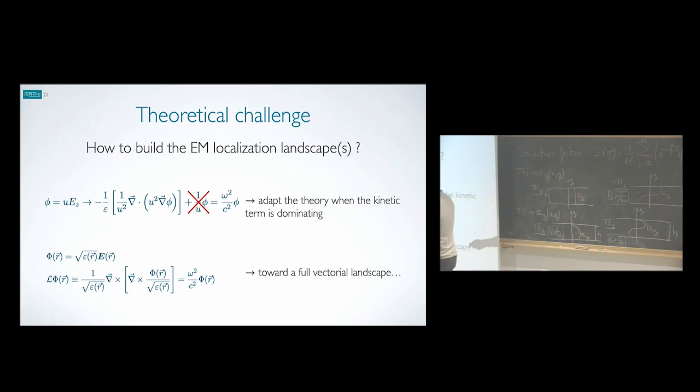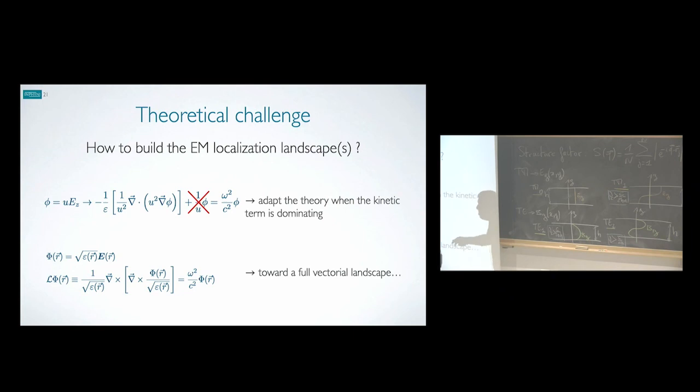The problem, I can rephrase the problem I mentioned already. The problem is that in this situation, the term 1 over U is useless. So it means that Marcel and his brilliant mathematician colleagues have to think about how to build a localization landscape, a new way to interpret the kinetic part.